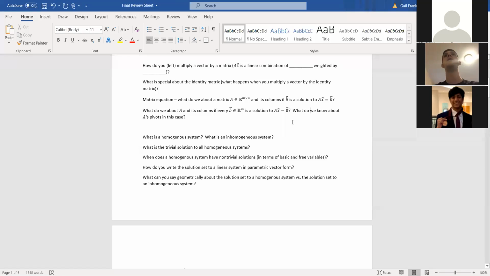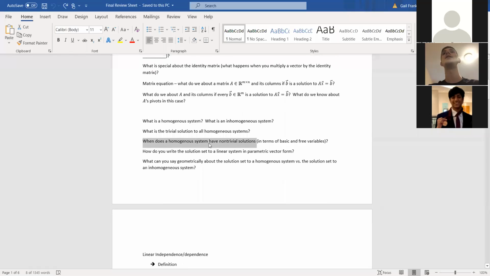So it's called the trivial solution because it's trivial, and it's a solution to all homogeneous systems. However, what we want to figure out is when a homogeneous system has more solutions than just the 0 vector.